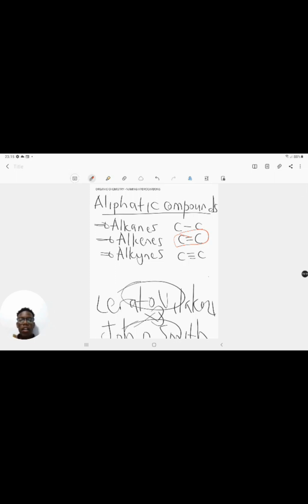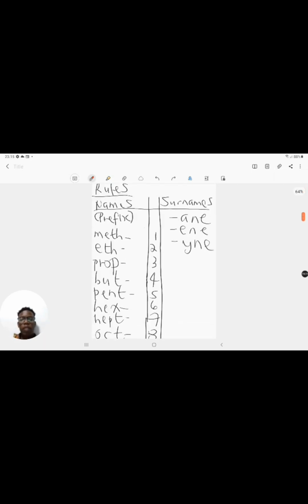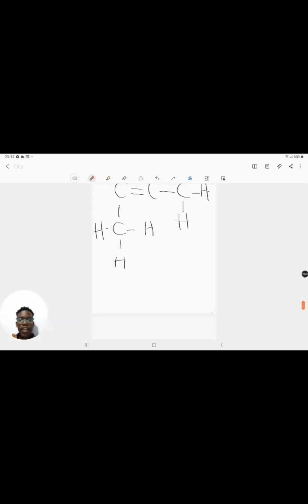We know that they are alkenes. Therefore, the surname of the compound is ene, because it's an alkene. So I'm going to write E-N-E. We know that that's the surname.